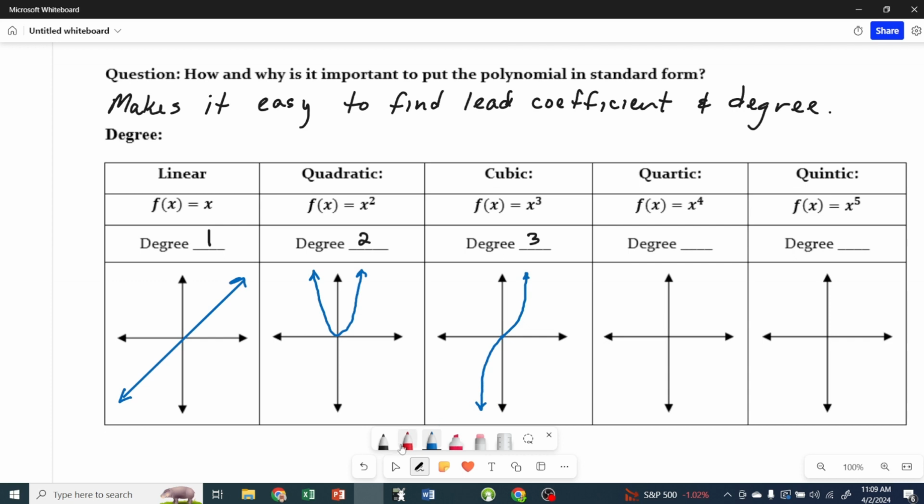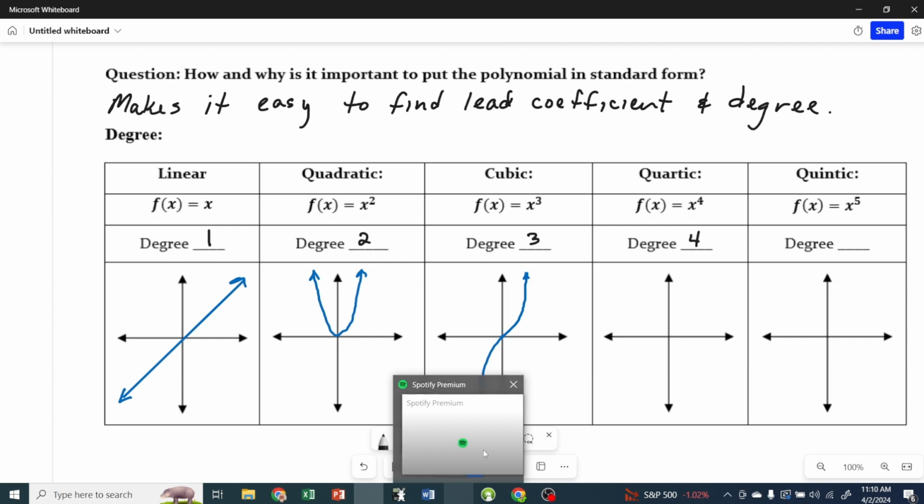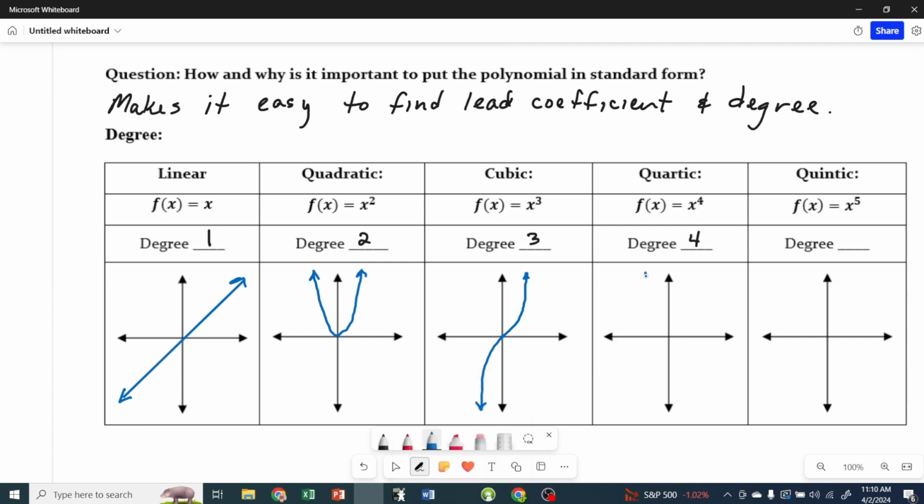Now, a quartic function, and these are rather interesting. It's fourth degree, very, very similar to the second degree polynomial. The difference is it's going to be a much flatter parabola. Okay, so there's going to be a flatness to this.